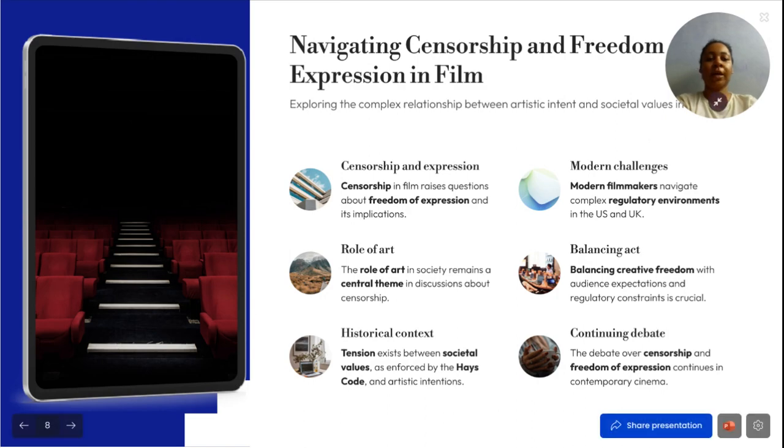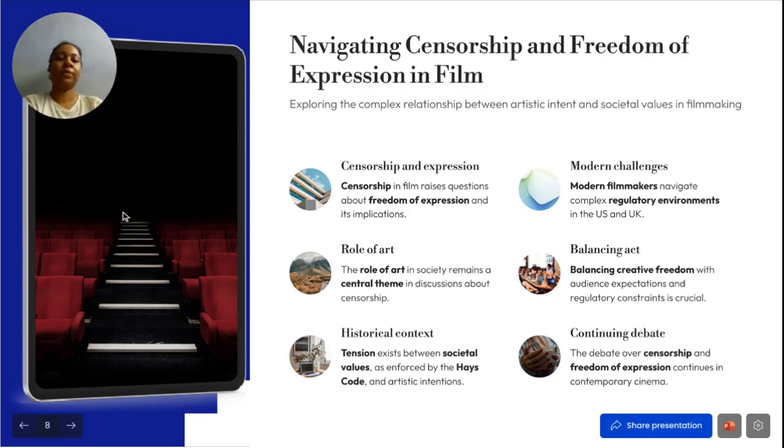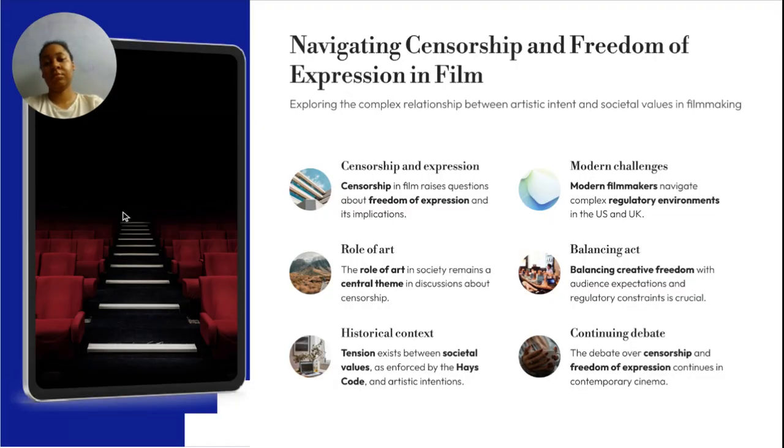Navigating censorship and freedom of expression in film. Even though we have creative freedom, there is still censorship in different countries as well, and censorship in film raises questions about the freedom of expression and its implications.